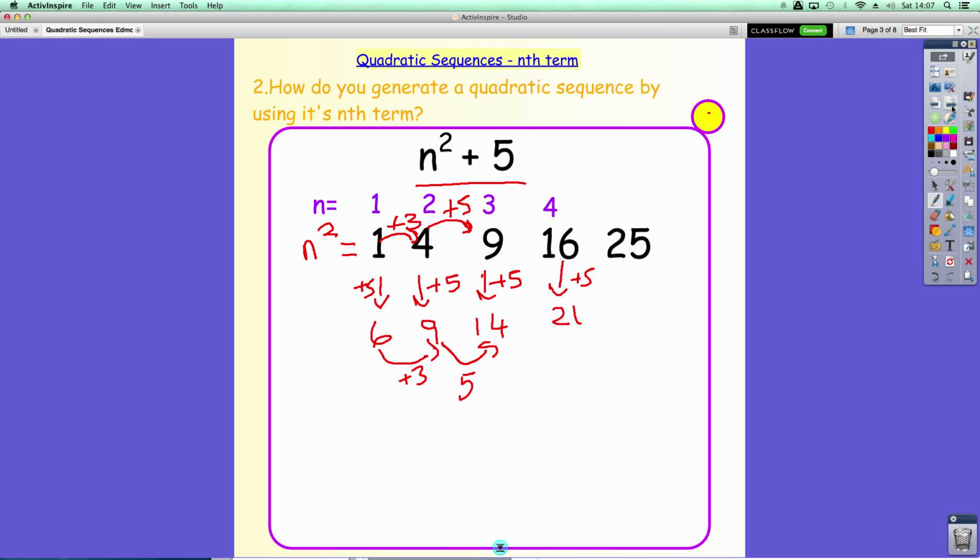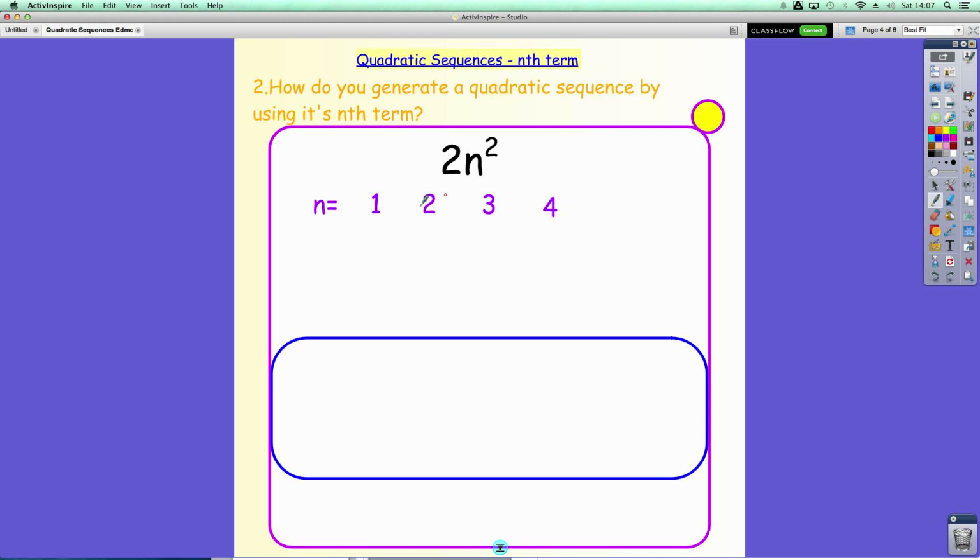Another example would be 2n squared. So 2n squared, we can start off with our n squared already. So what I'm showing you is sort of a table form.